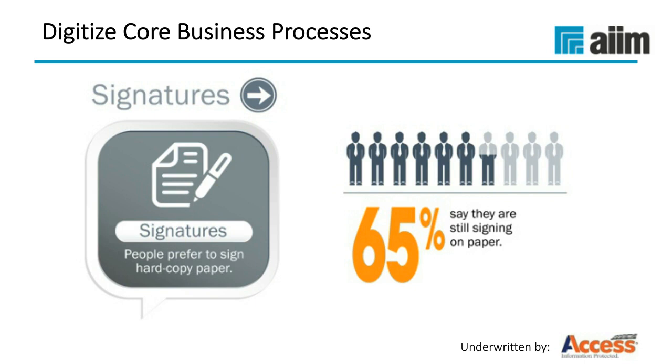Another 32% are struggling with non-digitized, that is, paper-based processes. So our research shows, as you see on the screen, that fully 65% of organizations are still signing contracts on paper. Now, some of this could be due to specific legal requirements, but most of it's due to lack of acceptance of digital signatures despite decades of practice and regulatory acceptance, at least in many jurisdictions.